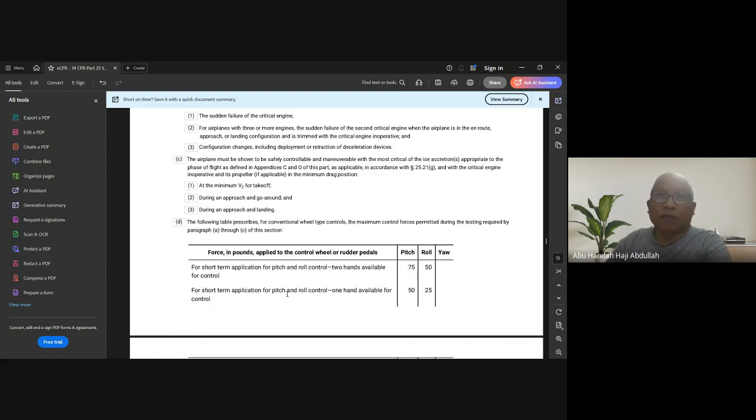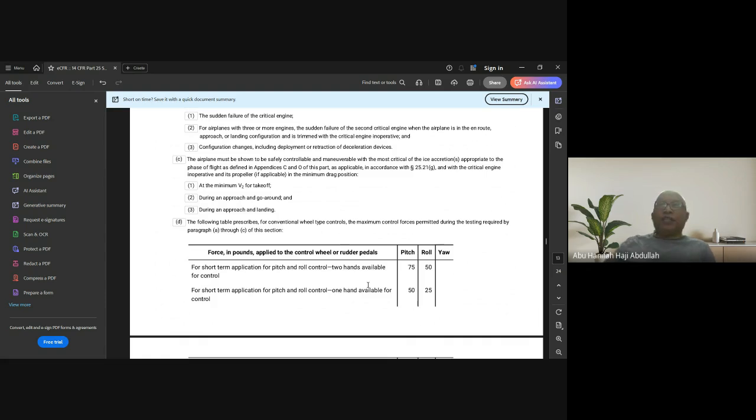For short-term application for pitch and roll with one hand available: pitch 50 pounds, and roll 25 pounds. That means if you are not able to handle that control surface, if you cannot pitch the aircraft at 75 pounds, then certification will fail, because that is too hard to handle, too much force required.